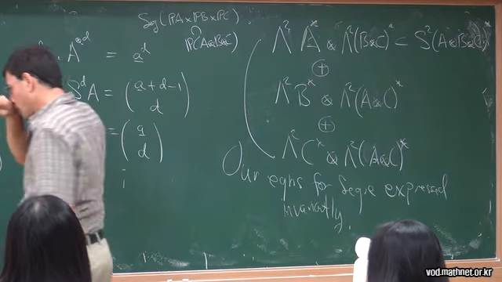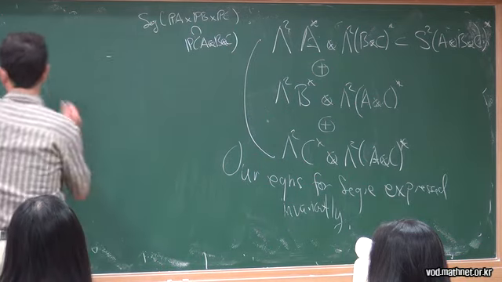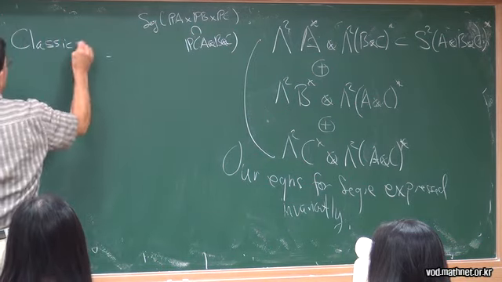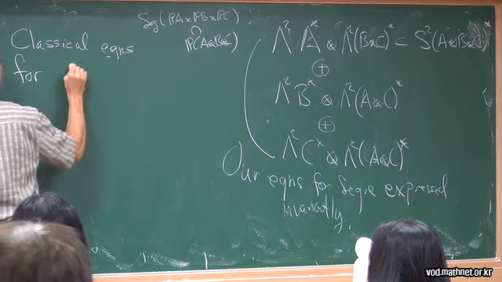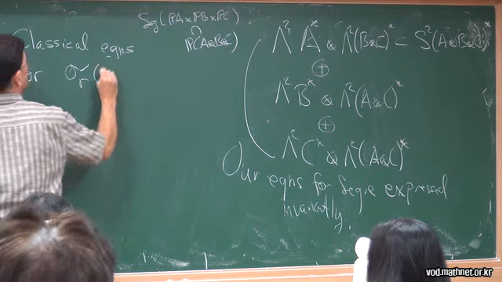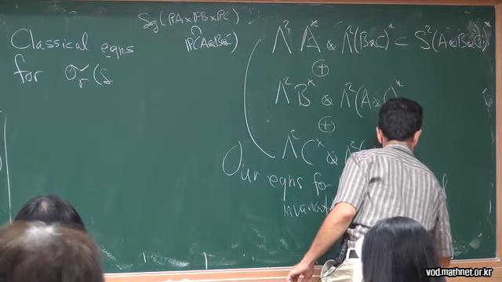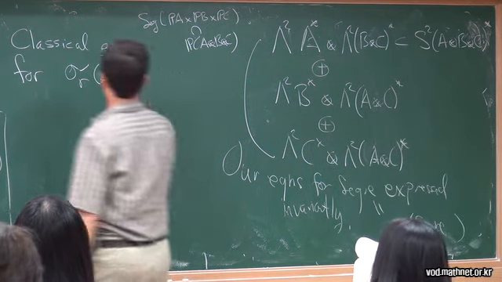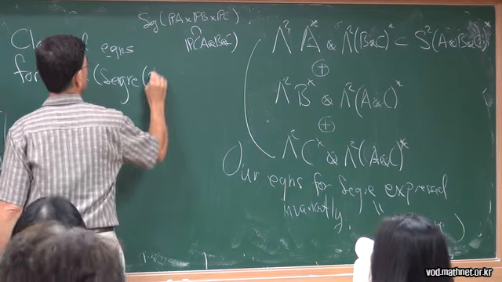Now, the same trick yields classical equations for sigma r. So the Segre, remember, is sigma 1 of the Segre. And now we're going to get equations for sigma r of the Segre.